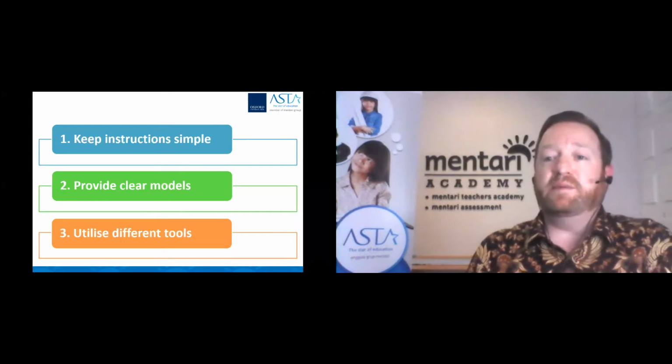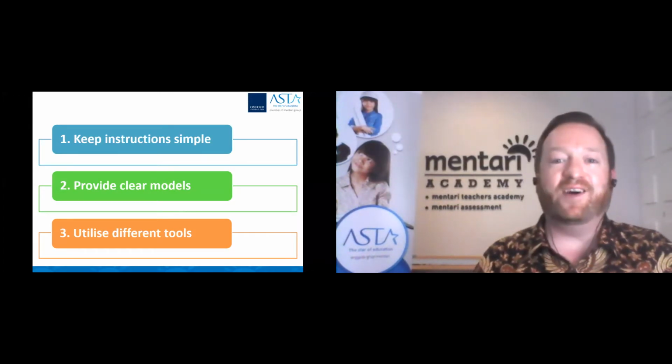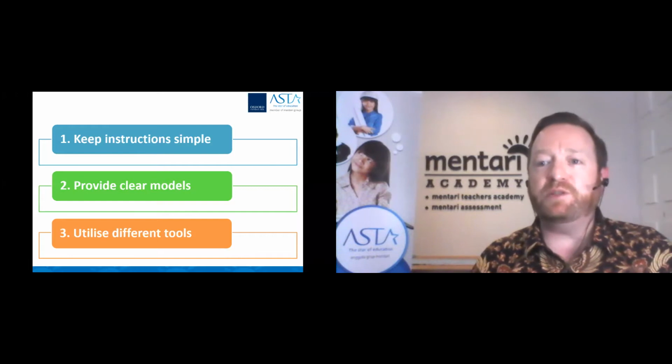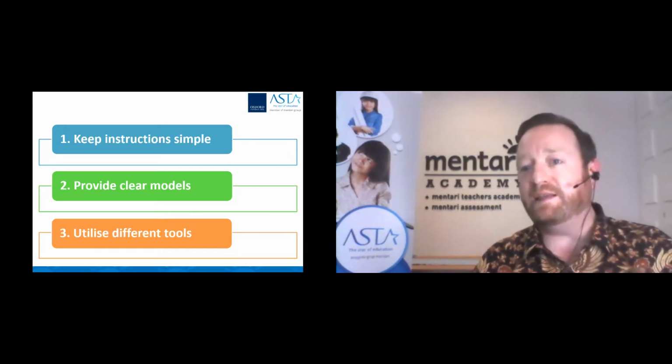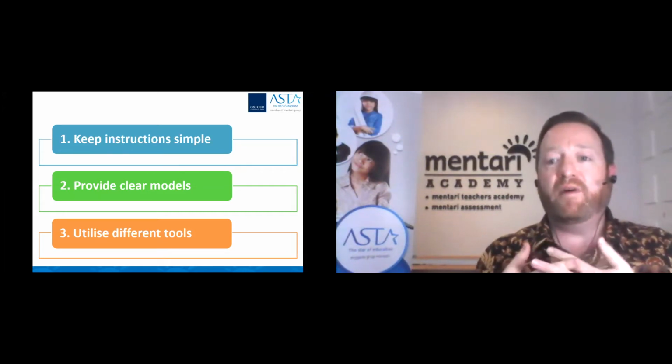The three principles for teaching speaking, particularly online, is keep instructions simple. If they have to switch between too many apps, too many devices, too many different things, it becomes too confusing. Provide a clear model.